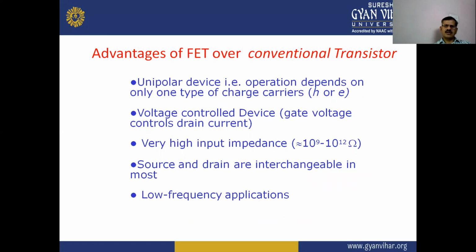What is the advantage over conventional transistor? FET is a unipolar device. It means the FET operation depends on only one type of charge carriers, that may be holes or electrons. FET is a voltage control device in which gate voltage controls drain current.